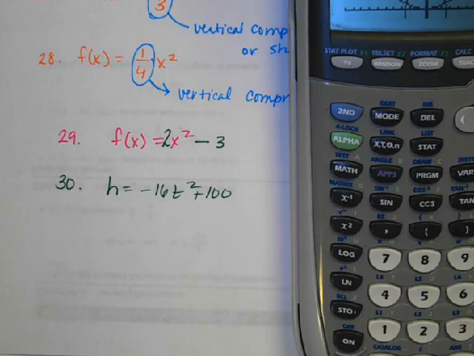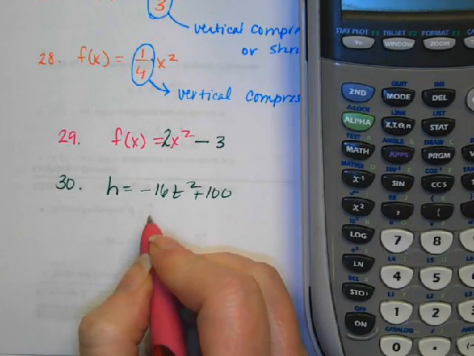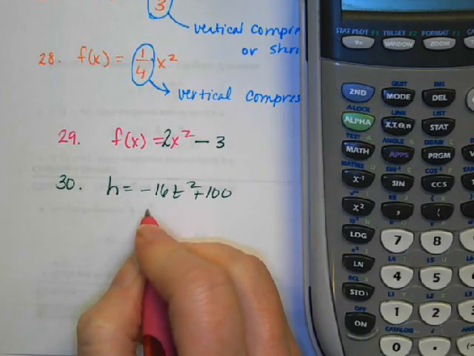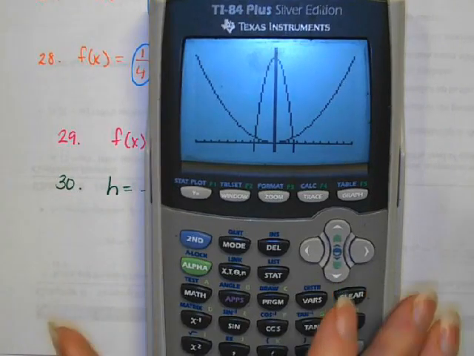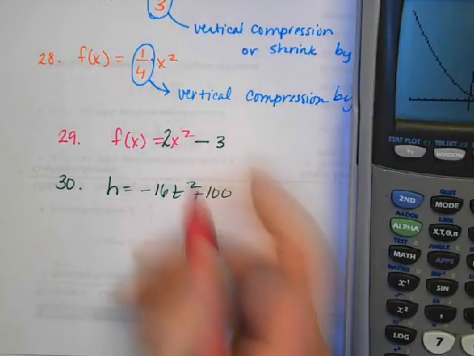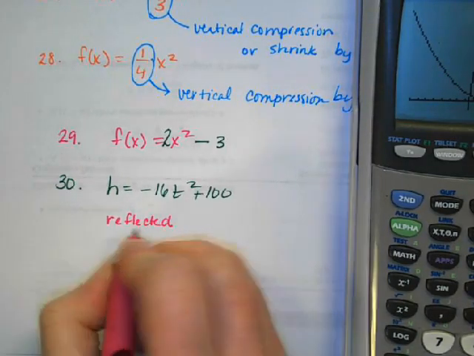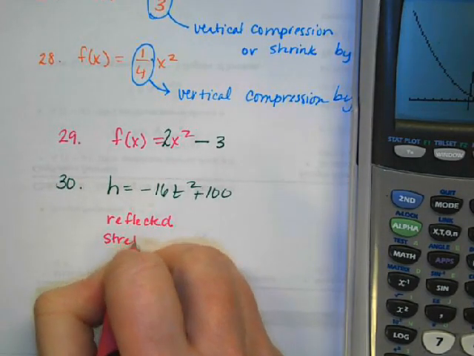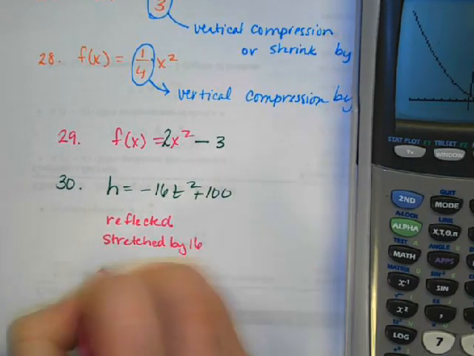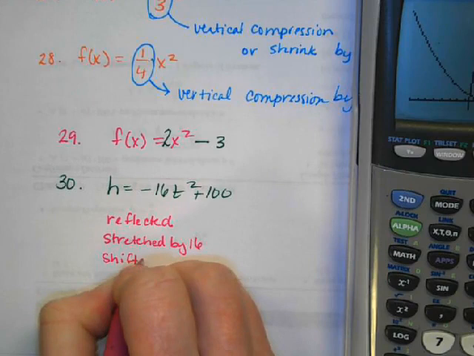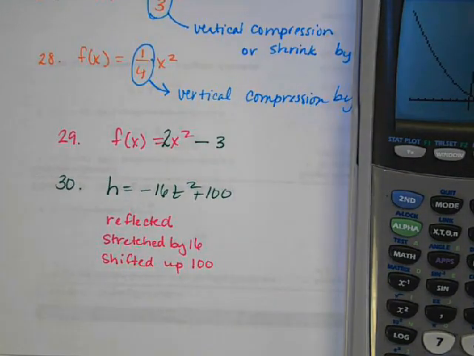If I were to take you and stretch you up by the neck until you were 16 times taller than what you are right now, you would definitely be much thinner. That's why it's so thin, because it's been vertically stretched by 16. It's reflected, that's why it's upside down. And shifted up 100. So that's what makes it look so different.